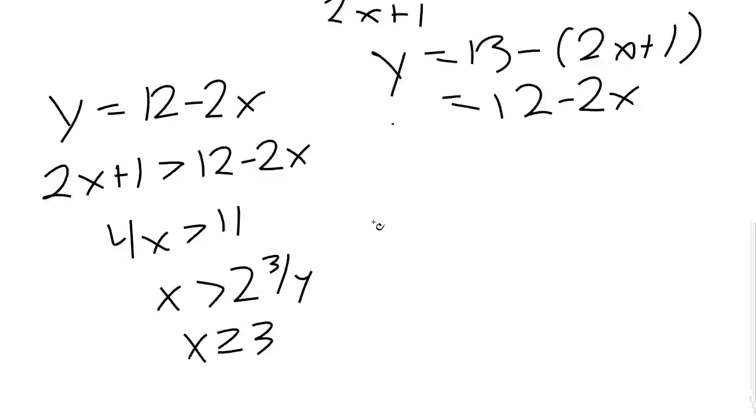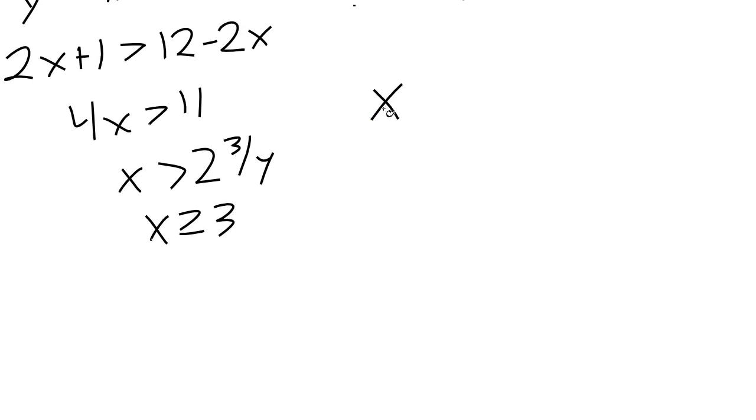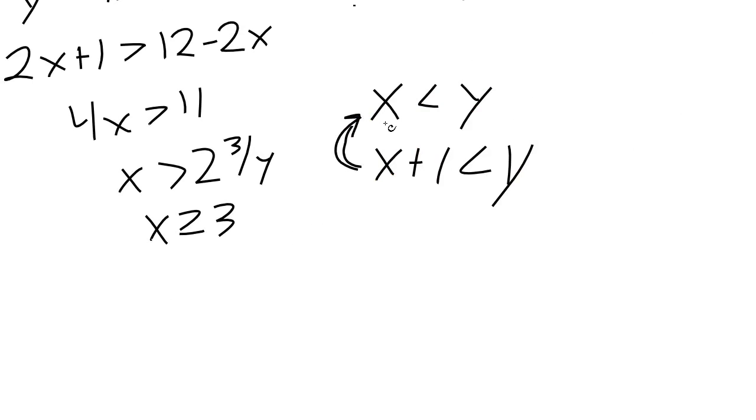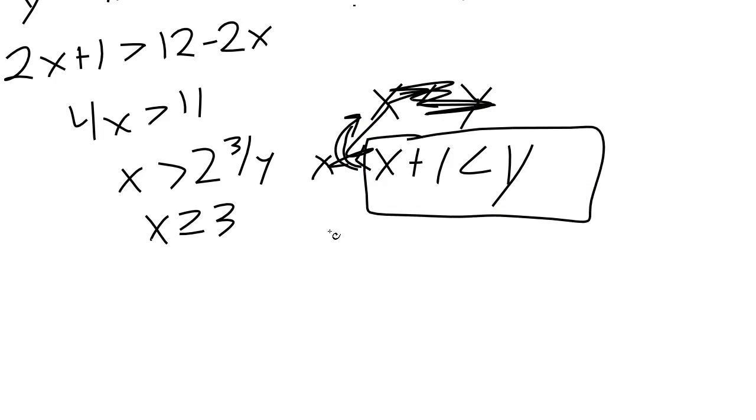So I also need x less than y and x plus 1 less than y, but knowing that x plus 1 is less than y automatically implies that, of course, x is less than x plus 1, so of course x is less than y. So this information is superfluous. This is really what I want.